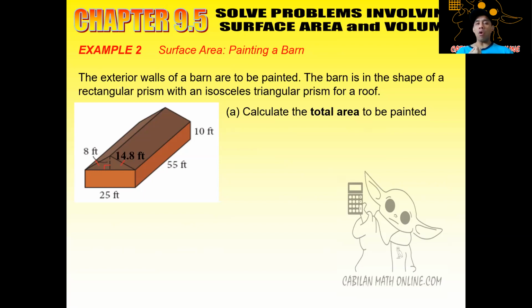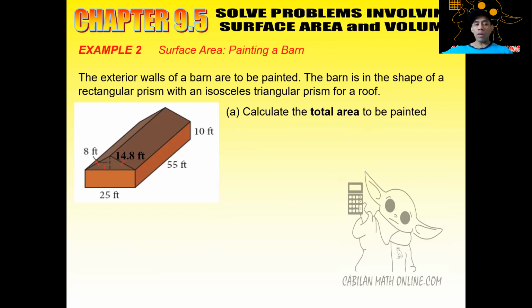Since we're dealing with only the walls here, we're only looking at the front and the back, those are the two rectangular faces in the front, and the two rectangular faces which make up the sides. So we can't use the formula straight out. We actually have to do each calculation separately.